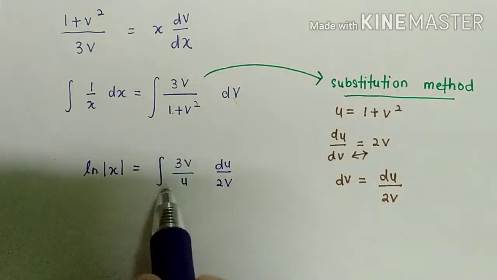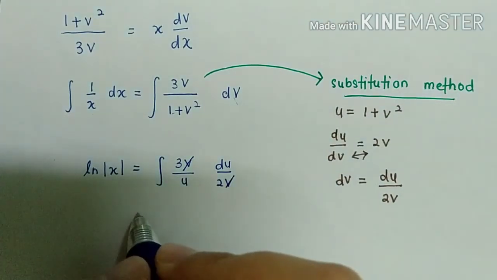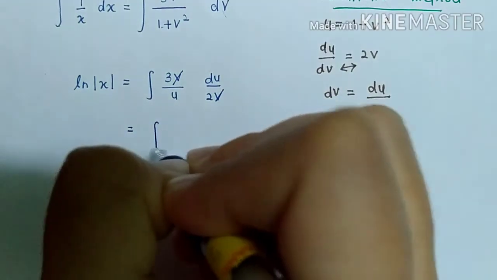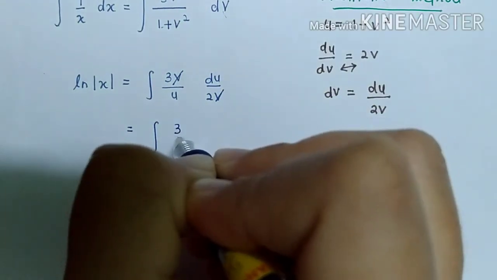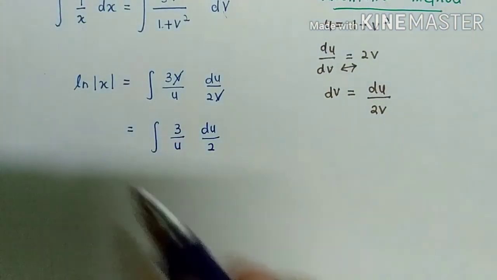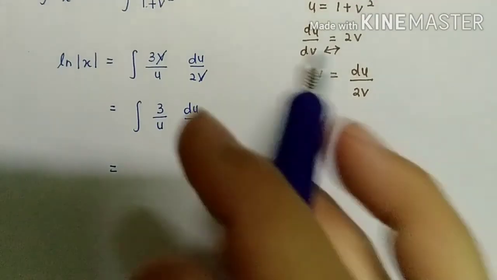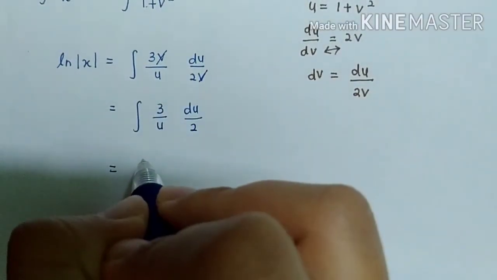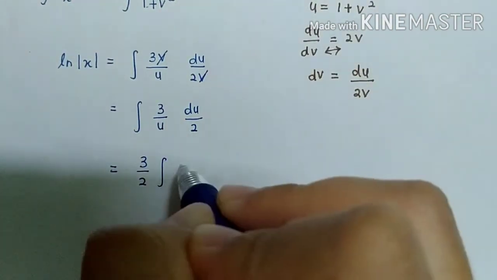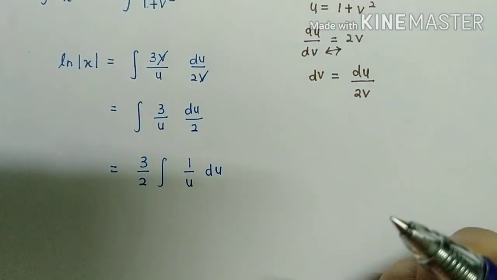Okay, so here we can cancel out v, and then we have integration of 3 over u and then du over 2. And we know that 3 over 2 is a constant, so we can take out 3 over 2. And then we can just integrate 1 over u with respect to u.